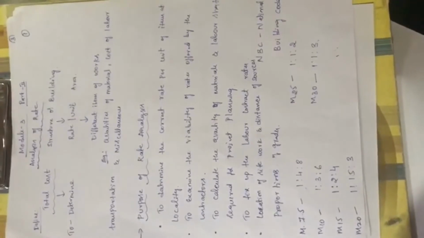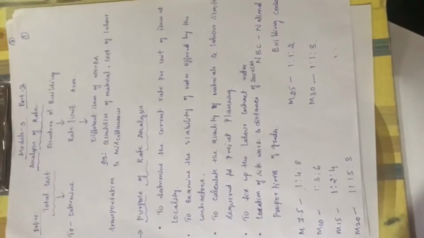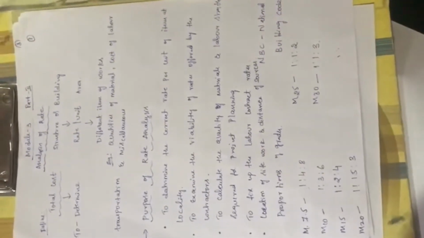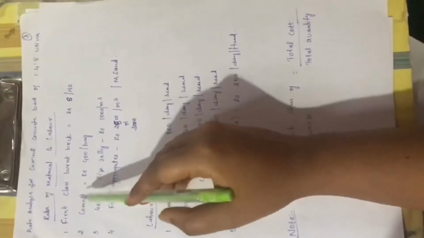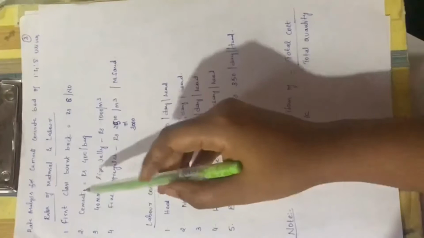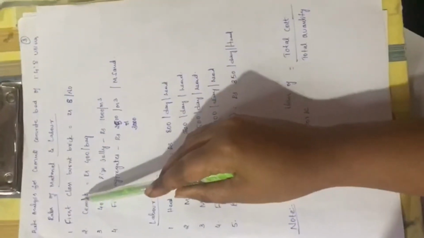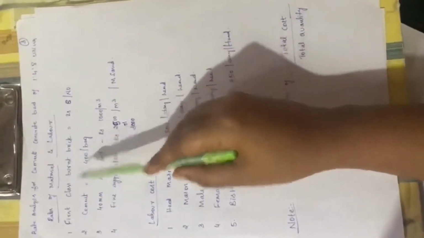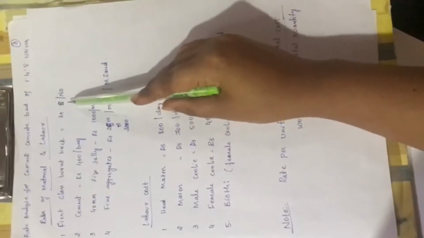So before starting any particular problem of finding the cost of the work, we have to note down what the material costs are as per the guidelines. Based on the locality, all the material costs will change. First class burnt brick we consider here is 8 rupees per number, that is one number.